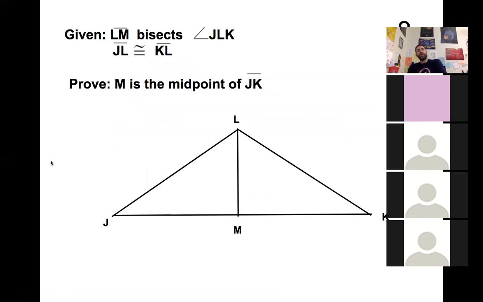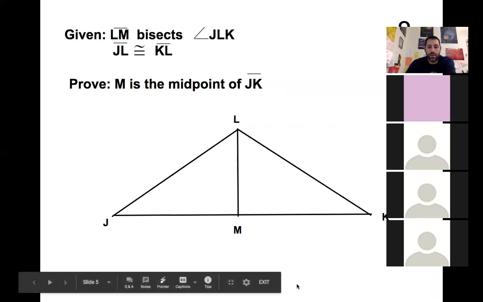Here's another one. It says, given LM bisects angle JLK. So the segment LM, the one in the middle there, is bisecting the big angle JLK, and JL is congruent to KL. All right, no video on this one. It's all us.